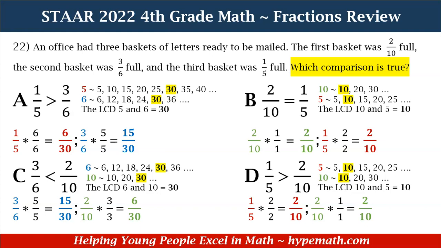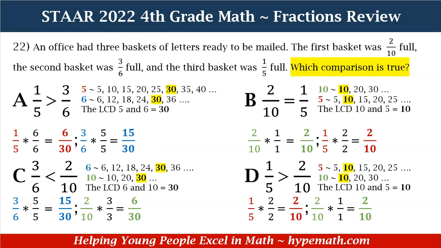Now let's look at C. We have 3/6 is less than 2/10. We have to find our LCD, and we see that the LCD of 6 and 10 is equal to 30. Now I need to find my equivalent fractions, and they are, for 3/6, 15 over 30, and for 2/10, 6 over 30. And lastly, for D, we have 1/5 is greater than 2/10.